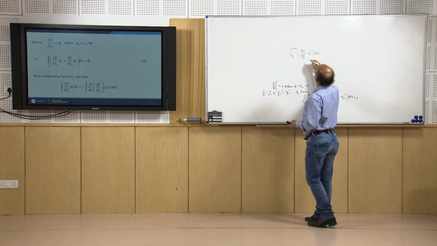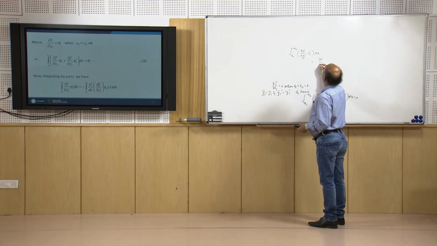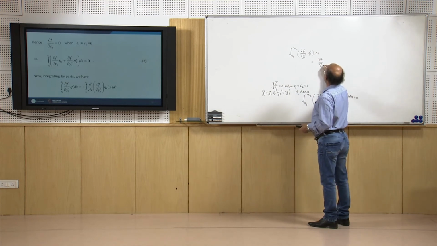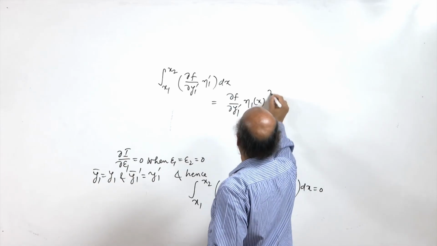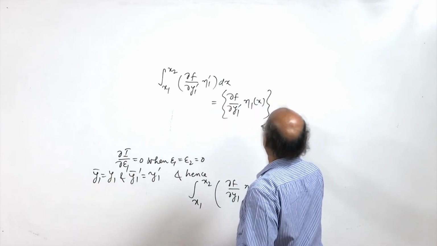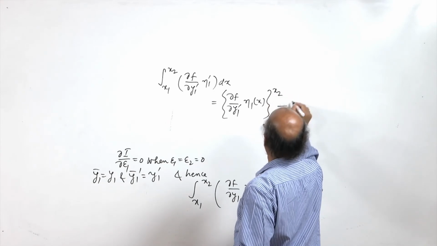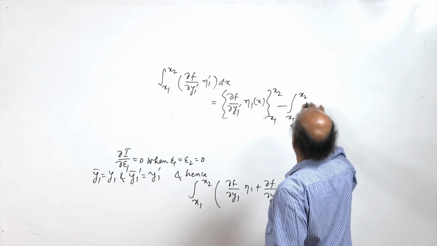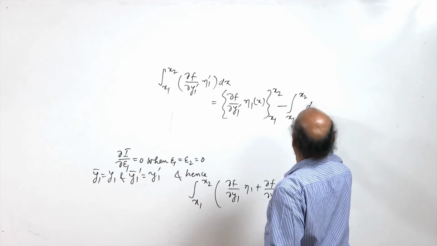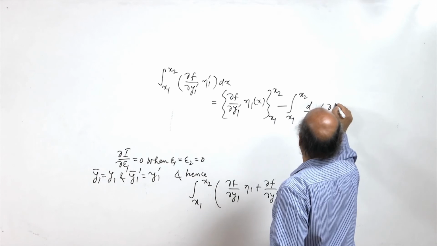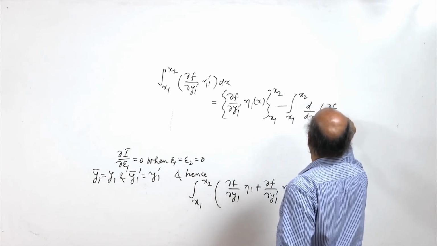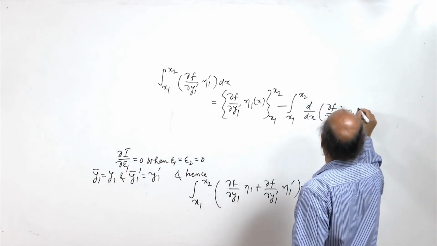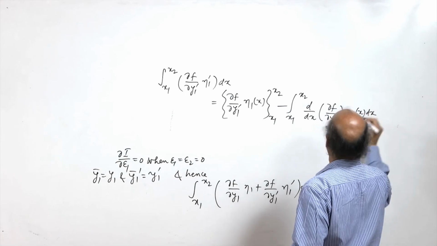When we integrate it by parts, we have the partial derivative of f with respect to y1 dash into eta 1, evaluated from x1 to x2, minus integral x1 to x2 of d over dx of delta f over delta y1 dash times eta 1.